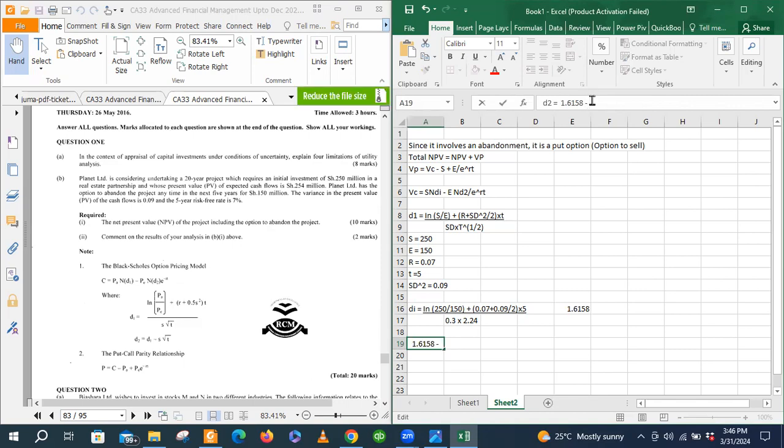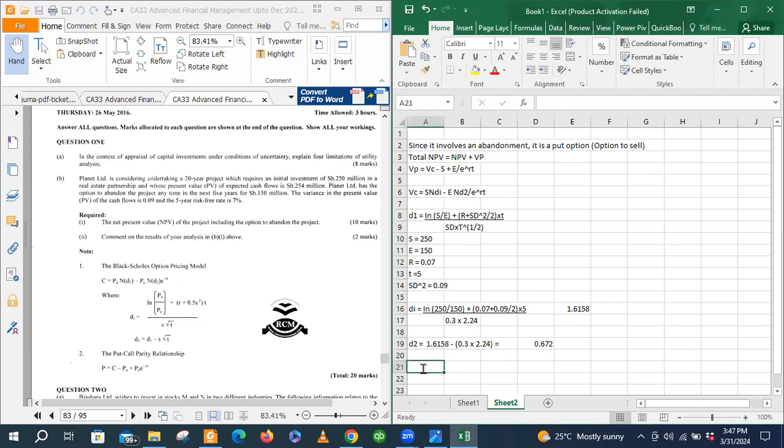So the denominator is 0.3 times 2.24. So that equals 0.672.